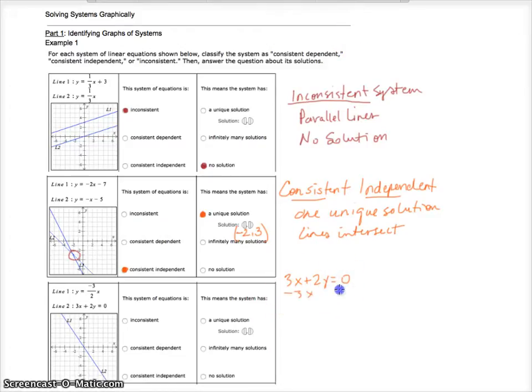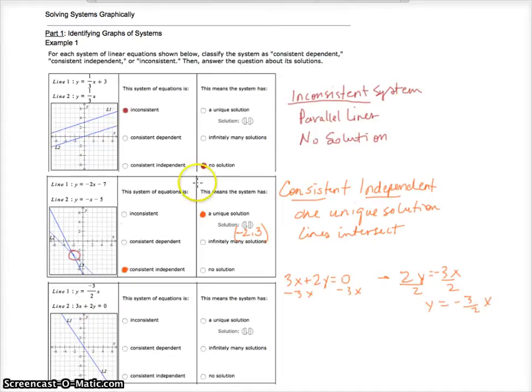Subtract 3x, and we'll get 2y equals negative 3x. Divide both sides by 2, and we get y equals negative 3/2 x. So we have the same lines.